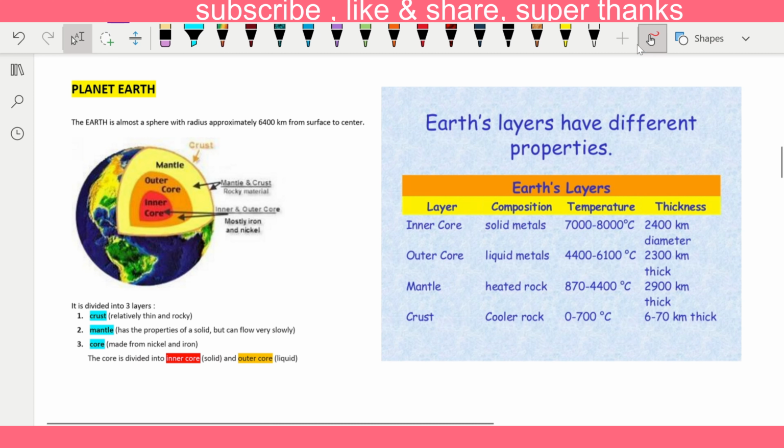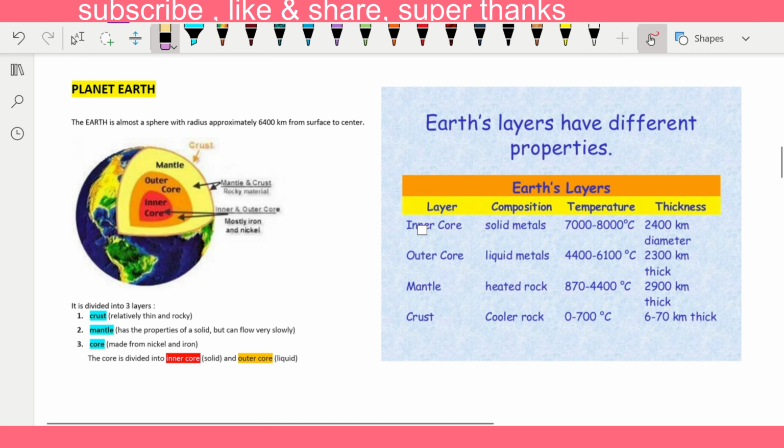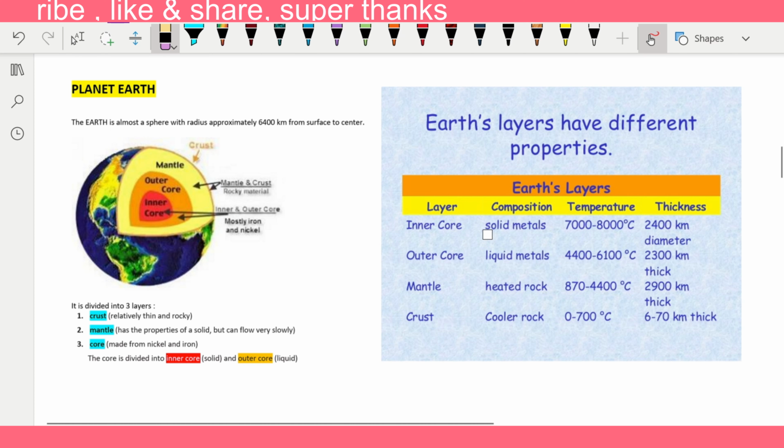So you see that here each layer has different properties. Start from the inner one, and it has temperature of 7,000 to 8,000 degrees, and a solid metal, while outer core is 4,400 to 6,100 degrees Celsius. So the hottest temperature is the inner part.